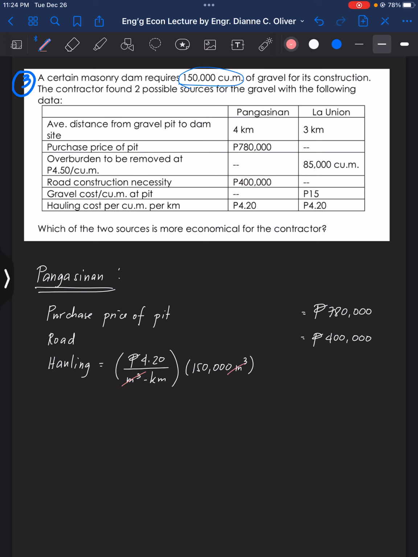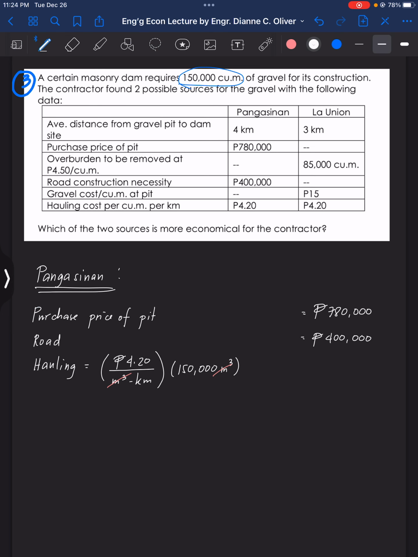How about kilometers? Since we're talking about hauling, we will consider also the distance of the haul. The distance there is 4 kilometers, so we can now cancel kilometers.